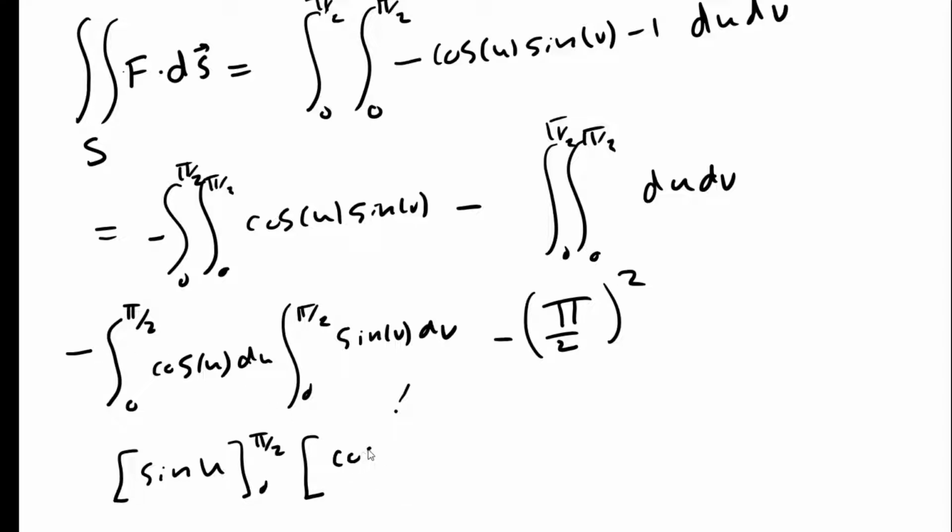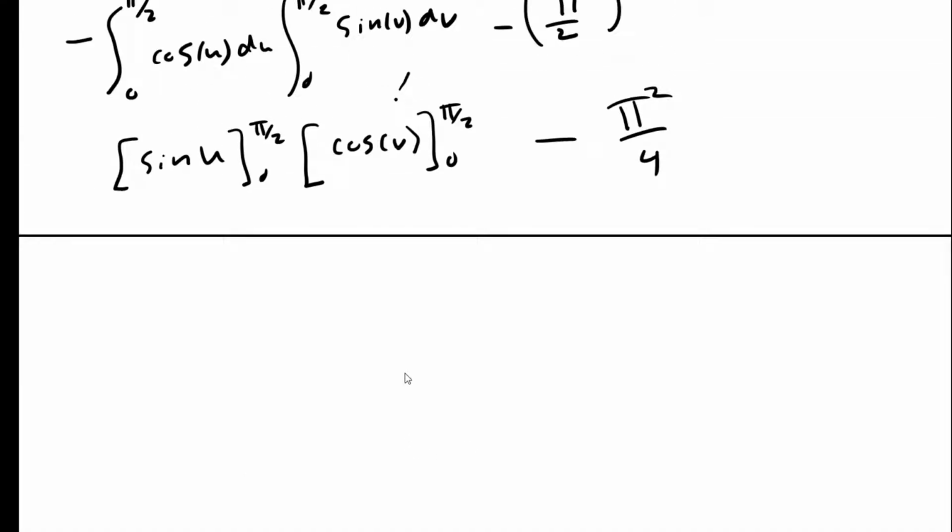So this is just cosine v from 0 to pi over 2, minus pi squared over 4.